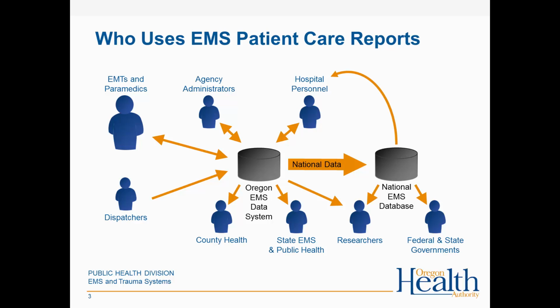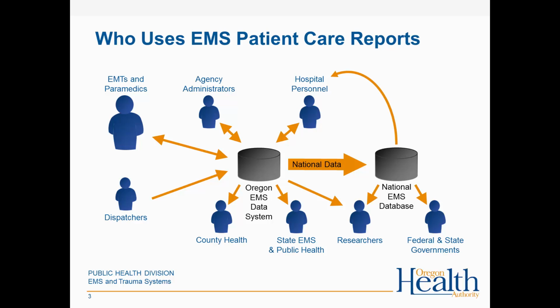In addition to retrieving patient care reports, Oregon's EMS data system also gives you the ability to record some hospital outcomes on those reports. The value of doing so is that it helps the local EMS agency to understand what happened to the patient after they transferred the patient to your hospital. As a result of knowing that information, the agency can improve the way it provides EMS care.